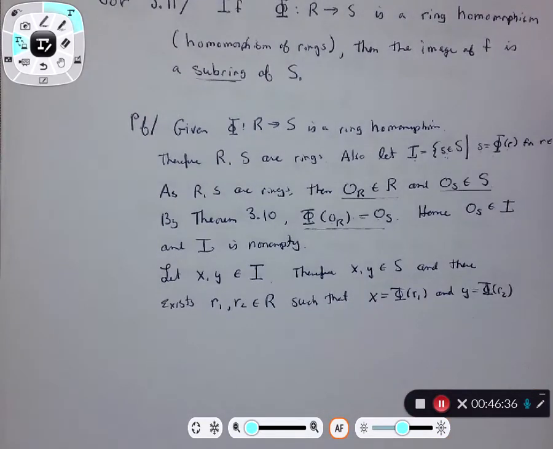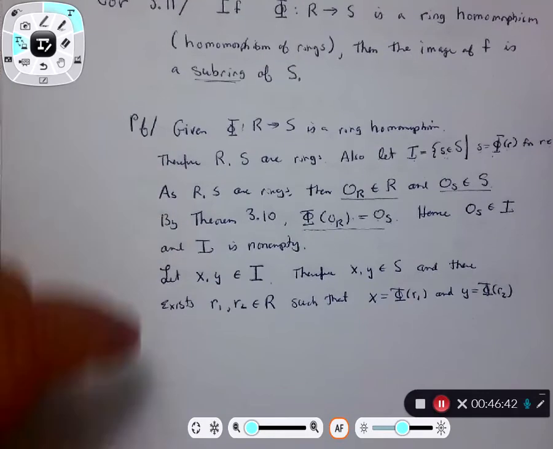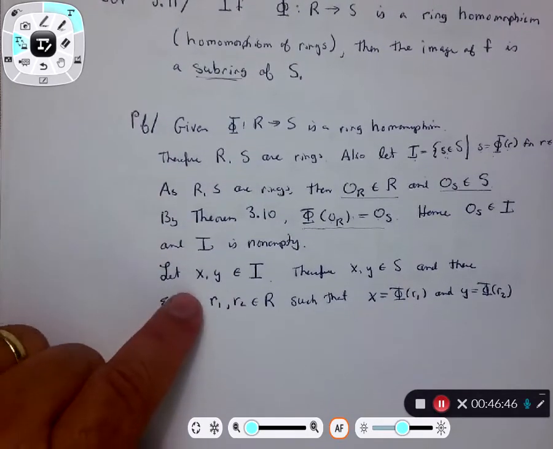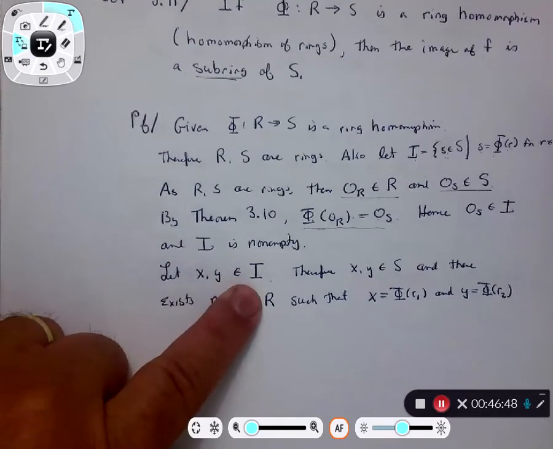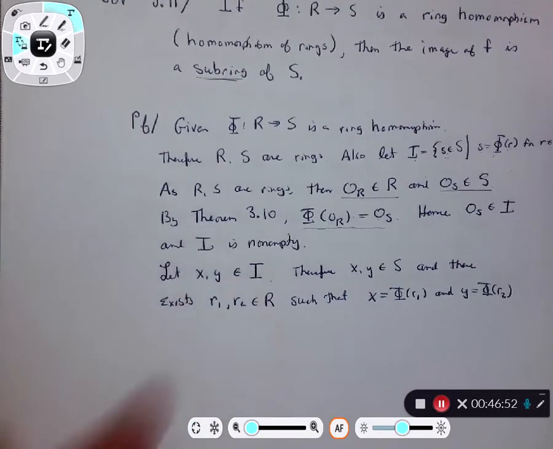This is the hard part about proving a subring. It's part number 2, because once you get part number 2 down, part number 3 is going to follow from it. So for part number 2, give yourself two elements inside the set that you're trying to show is a subring. So let X and Y be elements of I. Then you have to tell me what property in I they have.